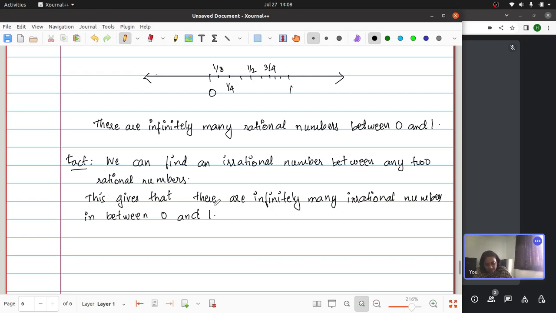So this is one of the questions of the assignment. It says how many rational and irrational numbers are possible between 0 and 1. So this is question 9. So instead of 0 and 1, let us look at some other interval now.